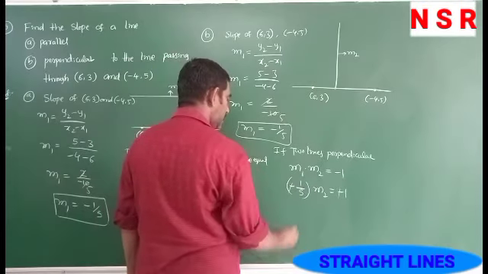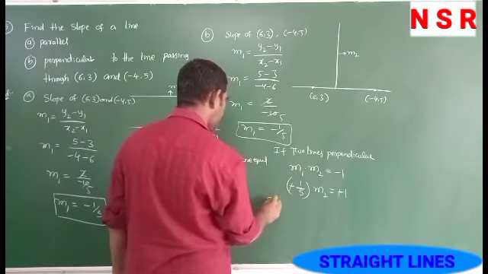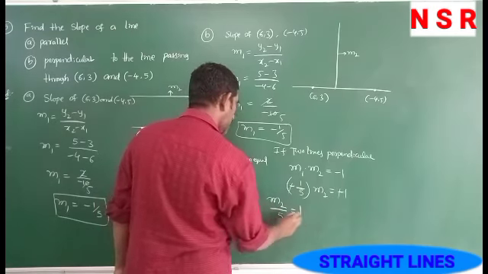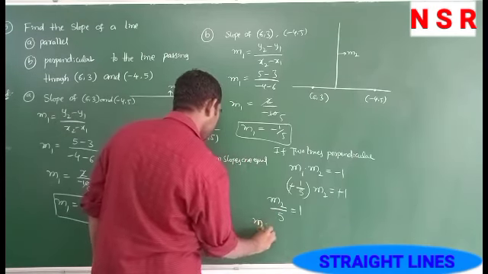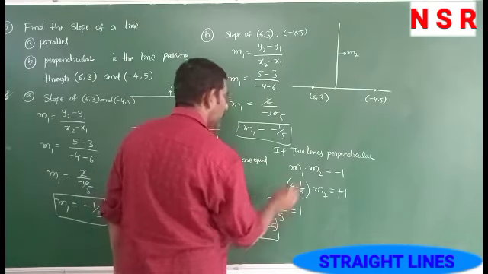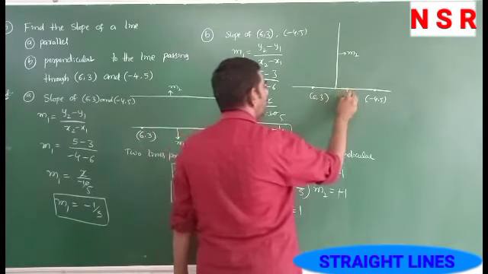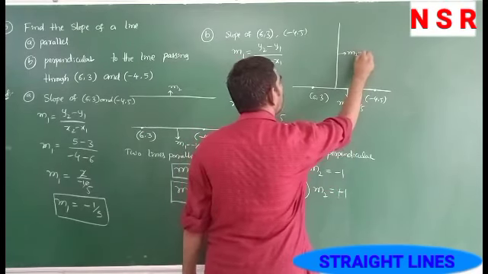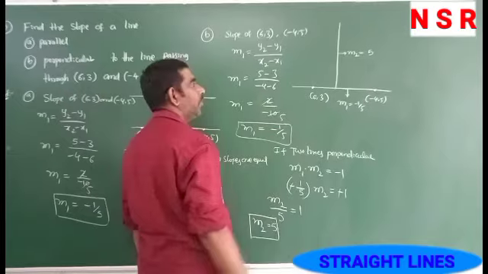So both side minus cancel, so we get m2 by 5 is equal to 1. Now m2 is equal to 5 ones are 5. So this is slope of perpendicular line. So this line slope m1 equal to minus 1 by 5. Now slope of this one is equal to 5.